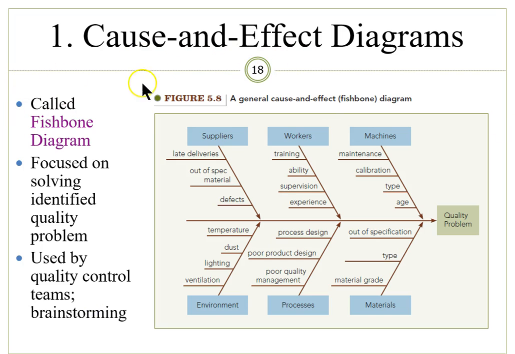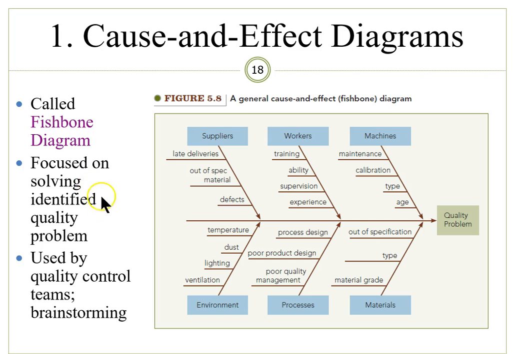Now, the cause and effect diagram is called the fishbone diagram simply because the quality problem appears or can simulate the head of the fish. You have the spine, and then you have the bones that are connected to that spine.